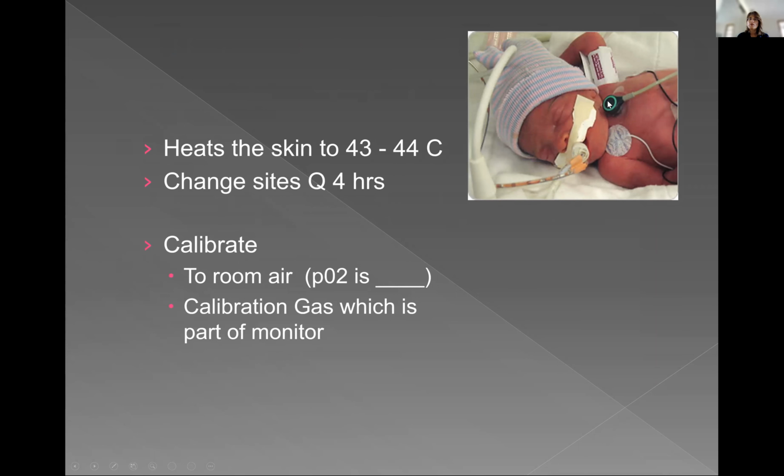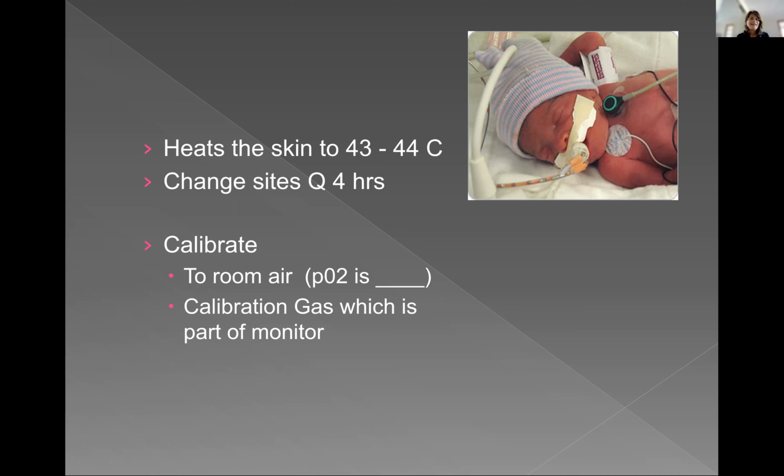So this picture is showing the transcutaneous monitor on the infant's chest. It looks like it's right over the sternum. And I know you're supposed to avoid any bony areas because you don't get good readings over a bone, but it looks like they've got it right over the sternum.